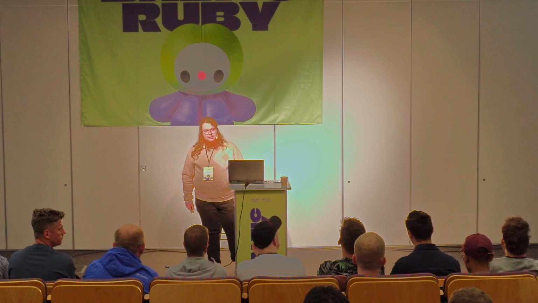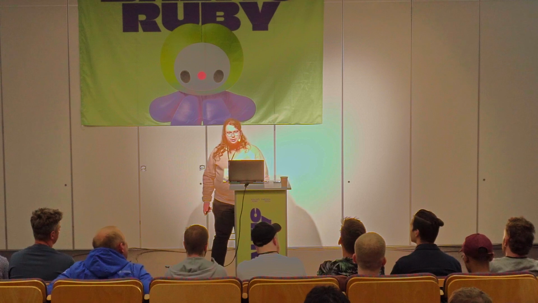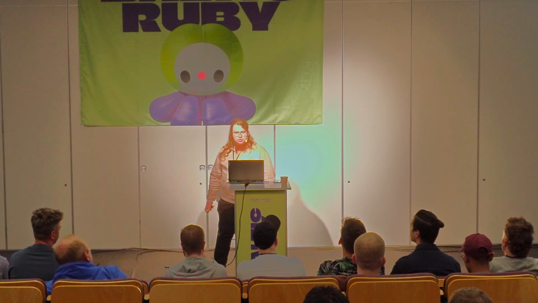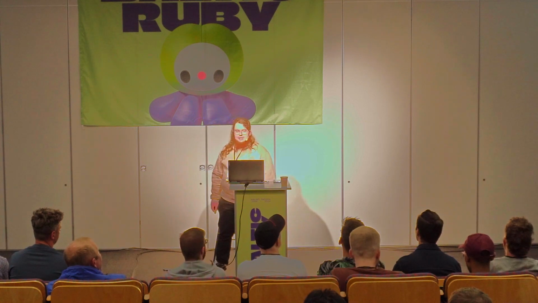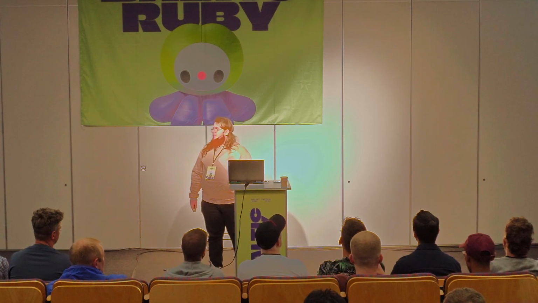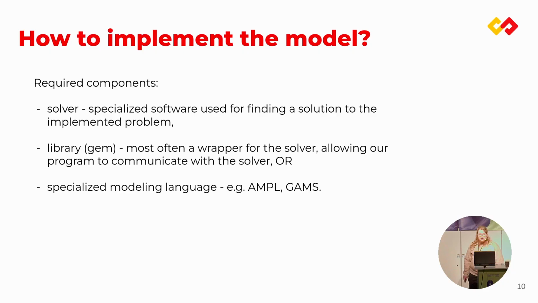And we need to somehow communicate between our solver and the Ruby software. So we need a library gem that will be used as a wrapper between Ruby and the solver, or we need a specialized modeling language like AMPL, but it's more complicated and rarely used with Python or Ruby, so we'll use a gem in our case.